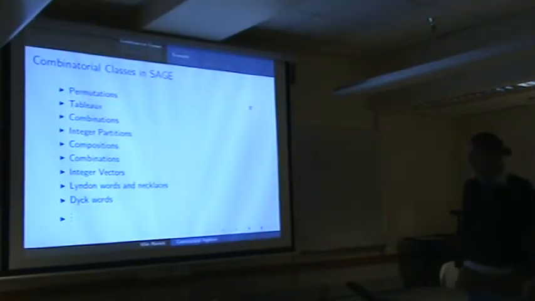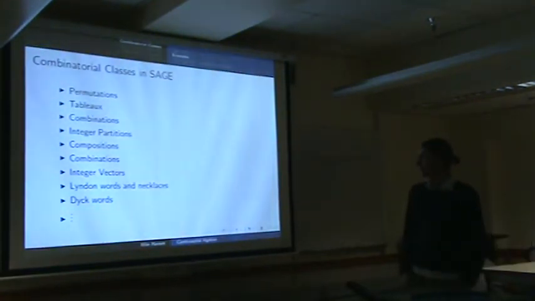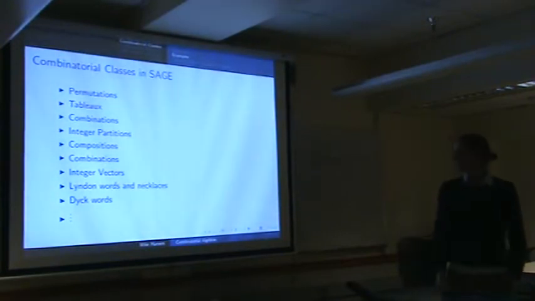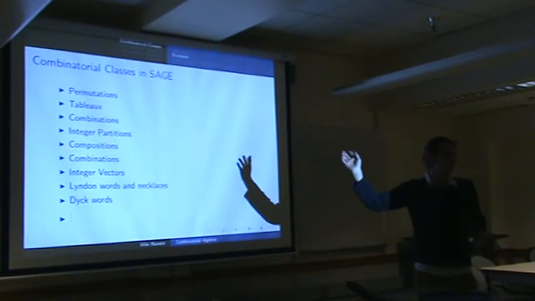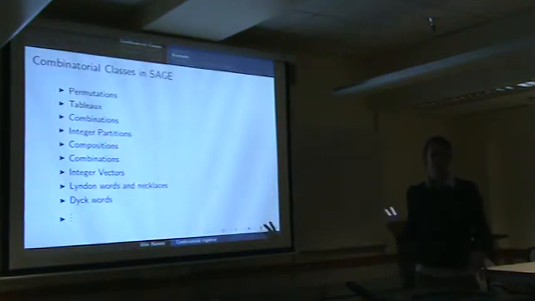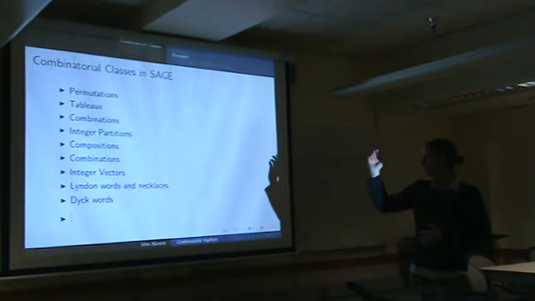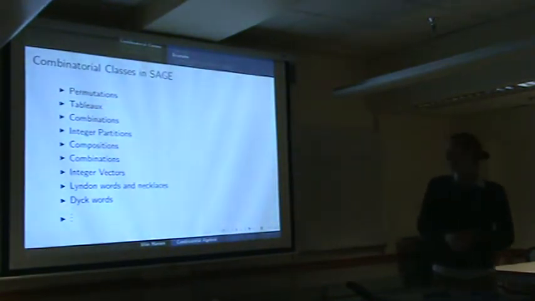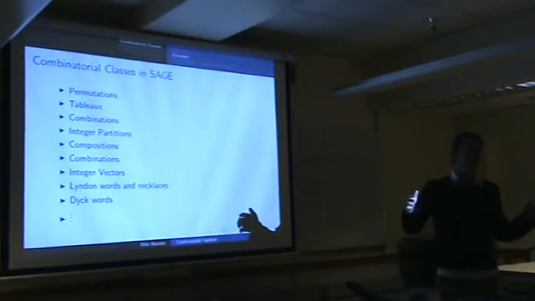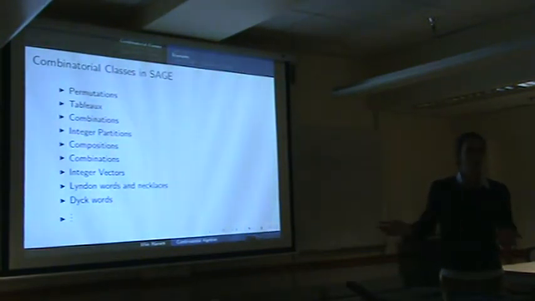So some of the combinatorial classes that I've worked on and put in Sage: you have permutations, all sorts of tableau, if you're familiar with what those are, combinations of lists, integer partitions, compositions, combinations, integer vectors, which are just a list of integers that satisfy certain properties.